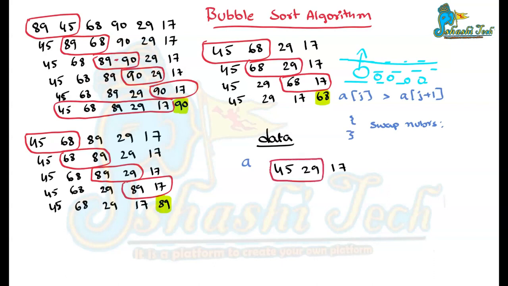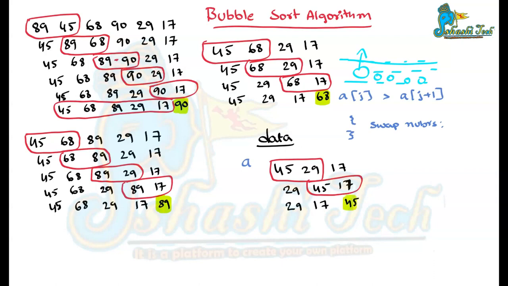Here 45 is greater than 29. We need to swap it. And we shall write the remaining one as it is. Okay. We shall apply the condition to the next two adjacent elements. Here 45 is greater than 17. Again we need to swap it. 29, 17 and the 45. Okay. Here you can see again the biggest number is sorted.